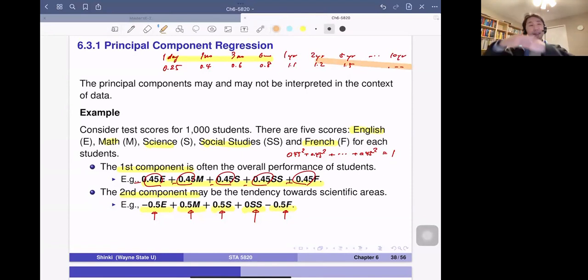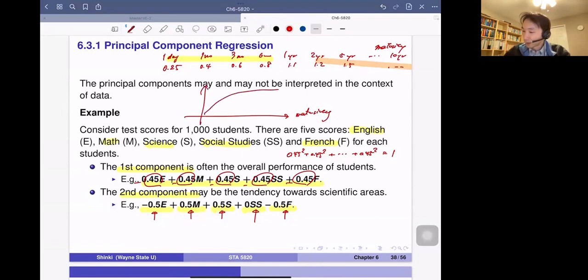If we make the graph of interest rate, this is the maturity. If we think about the yield curve, then the second component is the twist.